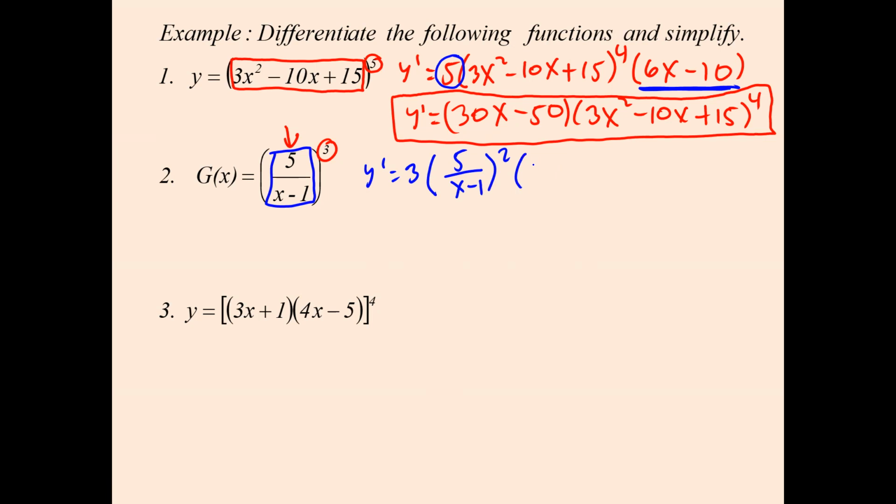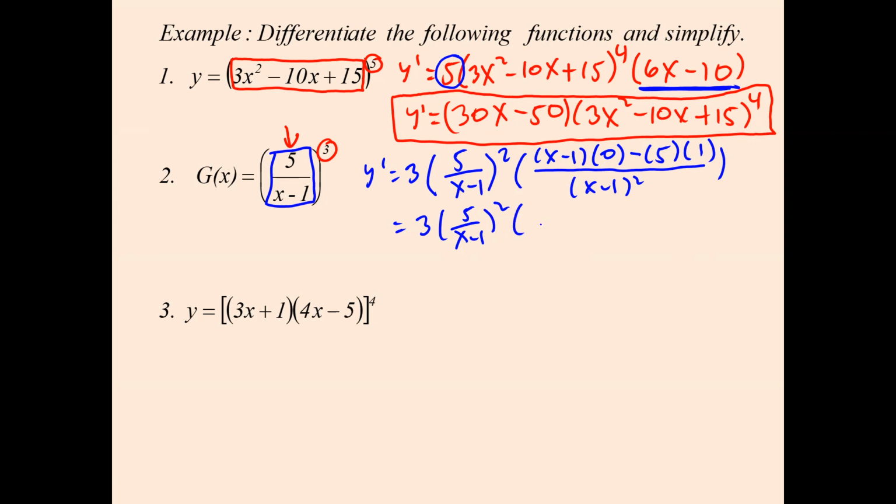So, low is x minus 1. D high, derivative of high is 0 minus high D low. So, high is 5 times derivative of low is 1 over low low, (x minus 1) squared. Okay, so simplify 5 over x minus 1 squared. So x times 1 times 0 is just 0.